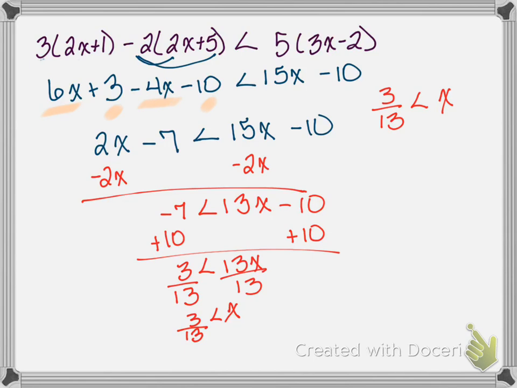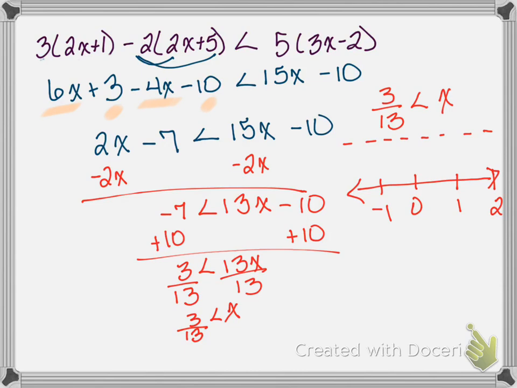Here's the problem. This is what happens. Because we've got our x on the other side, this is where the mistakes start. You draw a number line. Here's your 0. Here's positive 1, positive 2, negative 1. 3 over 13 is a very small number. So it's going to be pretty close to 0.